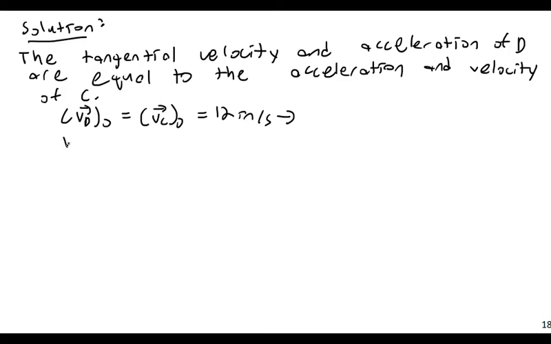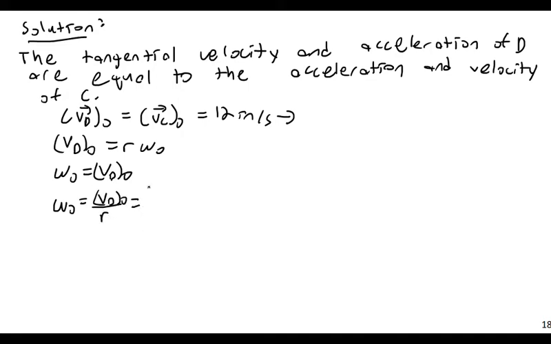And then I can also say that Vd naught is equal to r omega naught, so omega naught is equal to Vd naught over r, which is 12 over 3, equals 4 radians per second.